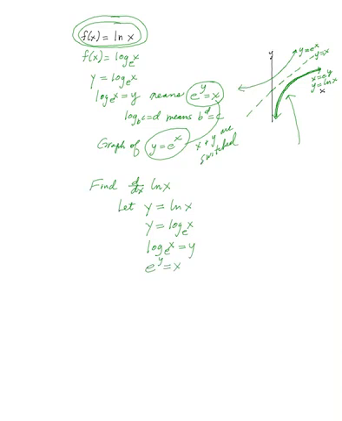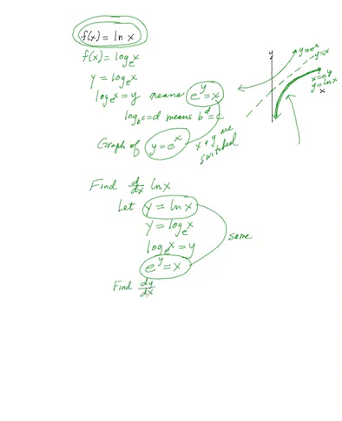Now, let's realize that e to the y equals x, and y equals natural log x are the same function, the same graph, just written different ways. So let's find the derivative of y with respect to x only using this e to the y equals x notation, because we're more familiar with that.